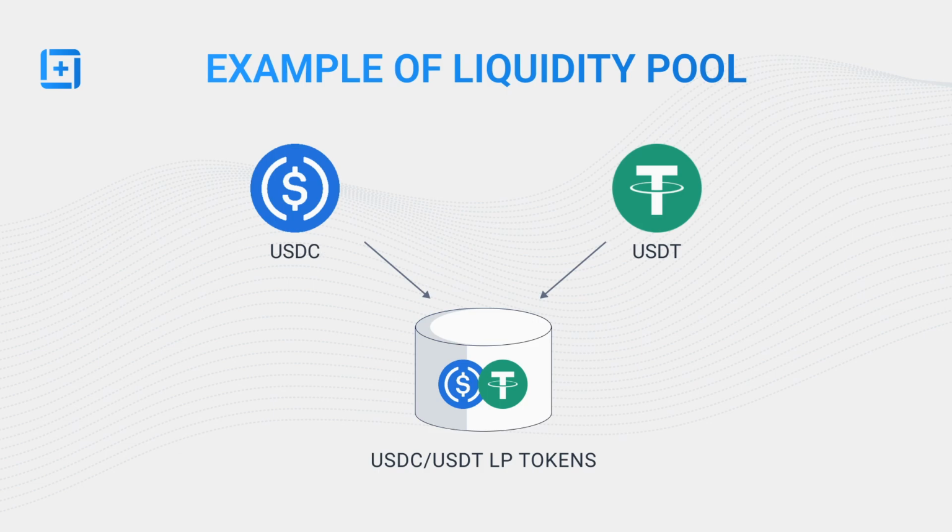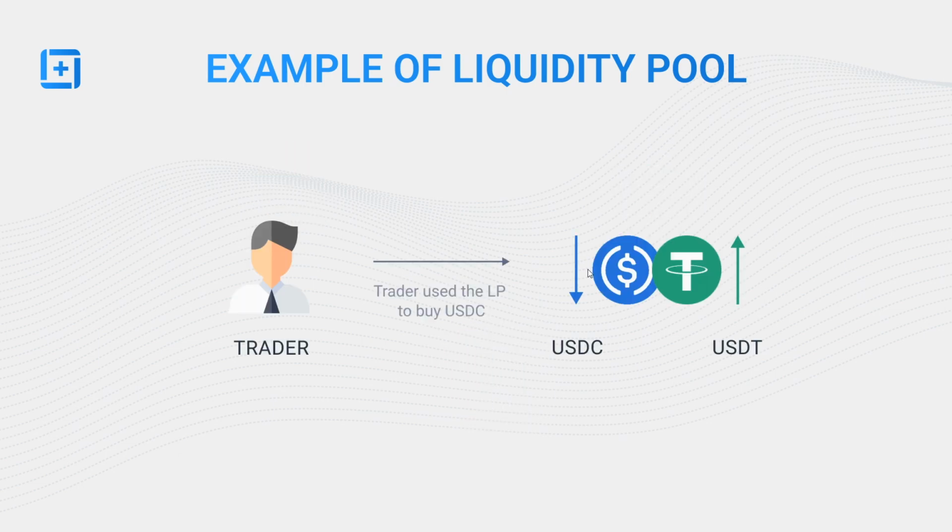So as you can understand, if you're buying USDC, the amount of USDC inside of that liquidity pool is going to decrease because you now have it in your wallet, you've purchased it. But on the flip side, the amount of USDT inside of that liquidity pool is going to increase because you've used that USDT to buy USDC.